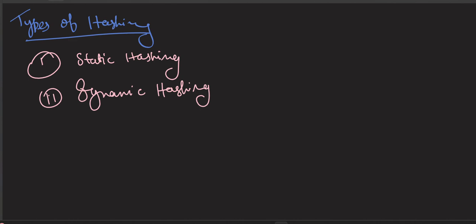Okay, this is all about static hashing. In dynamic hashing, the hash function can be adjusted when more records are added. Means it's changing over time. When data gets inserted, it will adjust for more records.